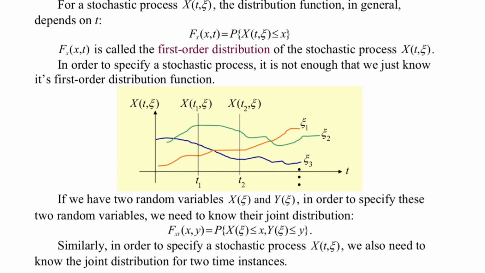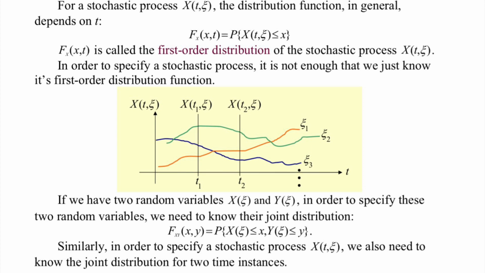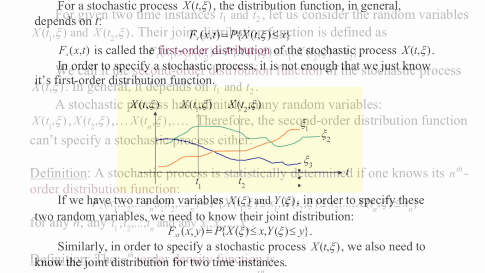If we have two random variables X and Y, in order to specify these two random variables, we need to know their joint distribution, F(x, y) equal to P(X smaller or equal to x, Y smaller or equal to y). In order to specify a stochastic process X(t), we also need to know the joint distribution for two time instances.